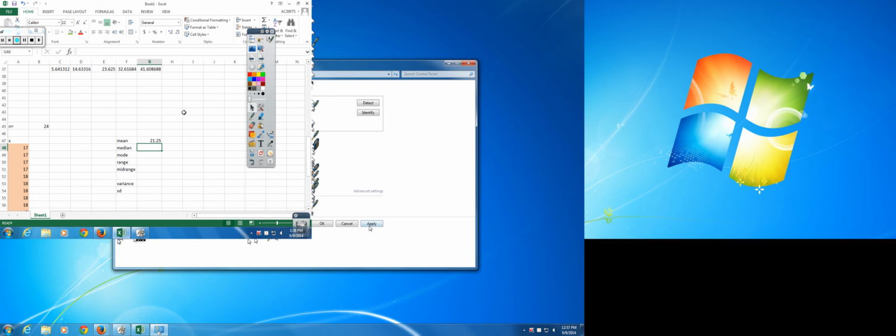Now, what is my n? Is it even or odd? Even. So you've got to find the halfway point, find the two numbers in between, and find their average. Half of 24 would be 12, and 13. We need number 12 and 13. So 1, 2, 3, 4, 5, 6, 7, 8, 9, 10, 11, 12, and 13.